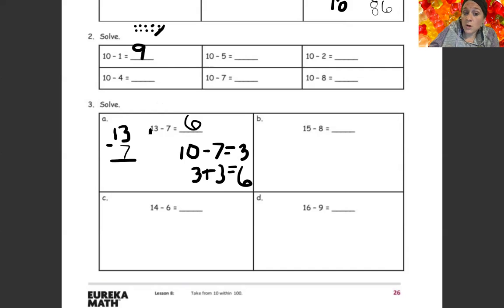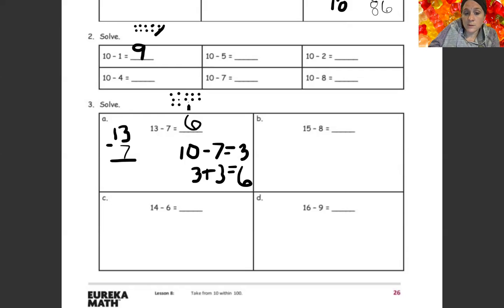We could draw out 13 things and then take 7 of those away. Again, if you have chips or anything at your house like that, you could use them. I'm going to just quickly do this: 1, 2, 3, 4, 5, 6, 7, 8, 9, 10, 11, 12, 13.